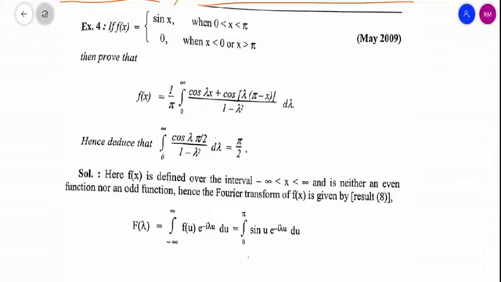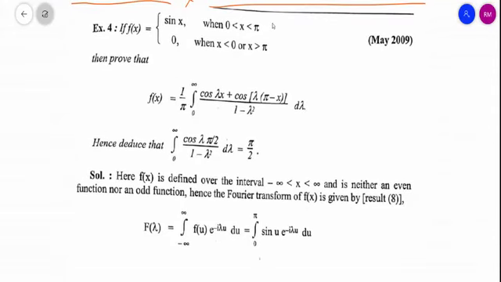If x lies between 0 to pi, then the value of f of x is sin x, and if x is greater than pi, then f of x has value 0, and if x is negative, then it also has value 0. Then prove that f of x can be described in the language of integration containing cos lambda x or like that.